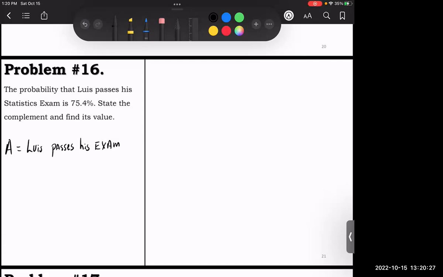What is the complement of A? The number 1. No, not the number 1. We're going to use the number 1 for the formula, but I have to first state this in words. Anybody know what it means for two events to be complements of each other?